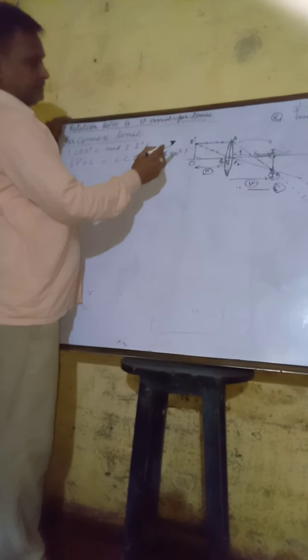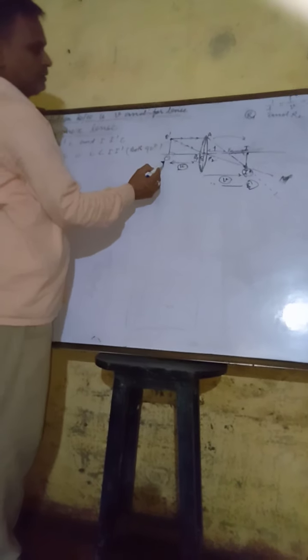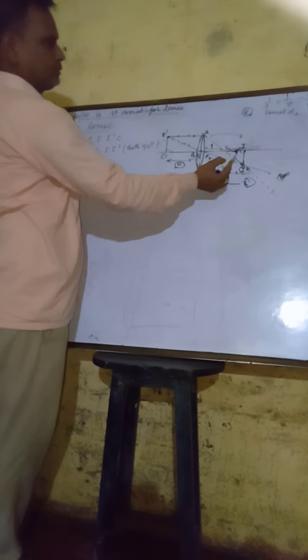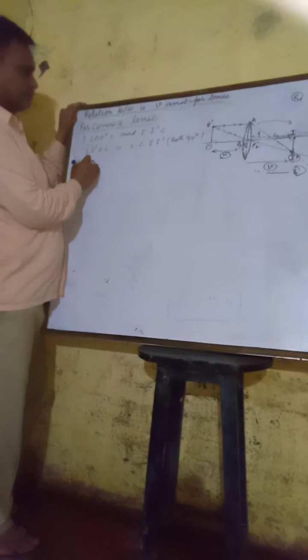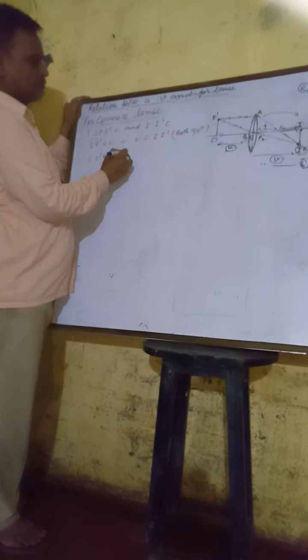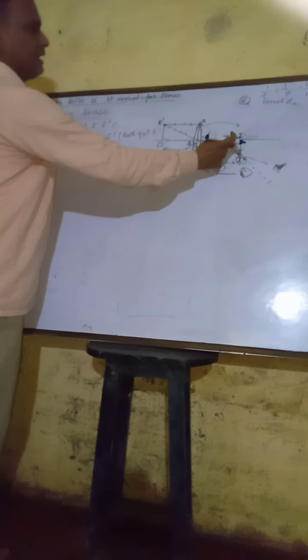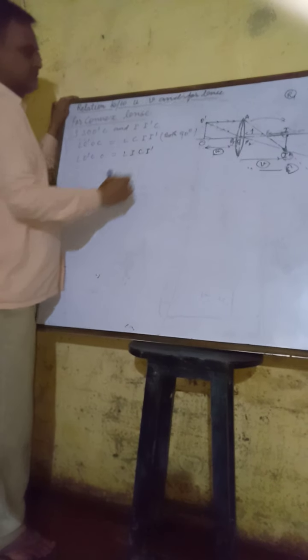Again we take angle O dash CO is equal to angle ICI dash.